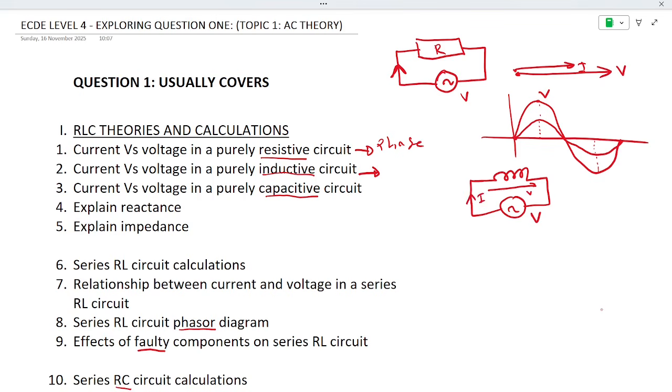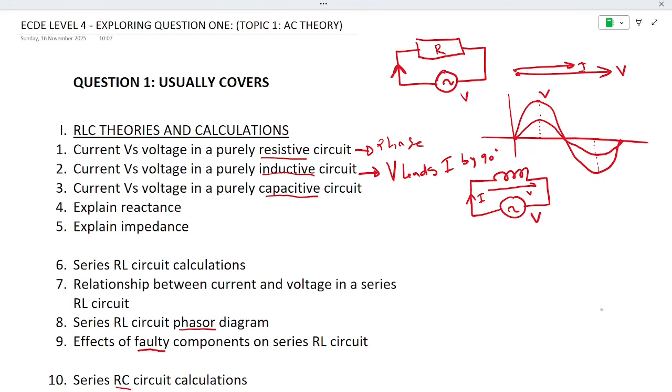We say that when an inductor is connected in a purely inductive circuit, across an AC source, the voltage leads the current by 90 degrees.